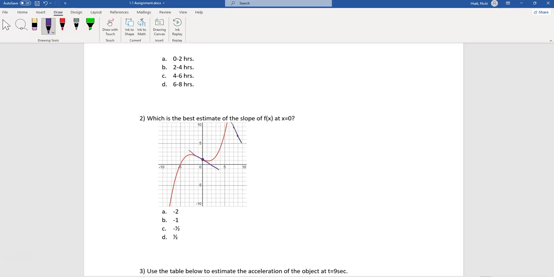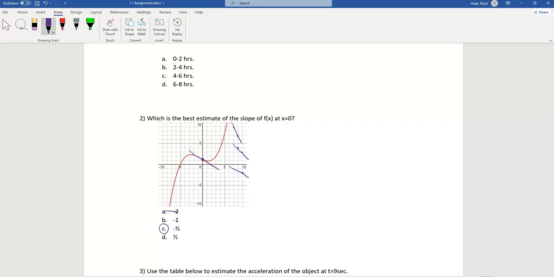Is that the same slope? No, that's too steep. Down 1 over 1 would look like this. It's not horrible, but down 1 over 2 would be more like that. I think that one's the closest to what we're actually seeing there.